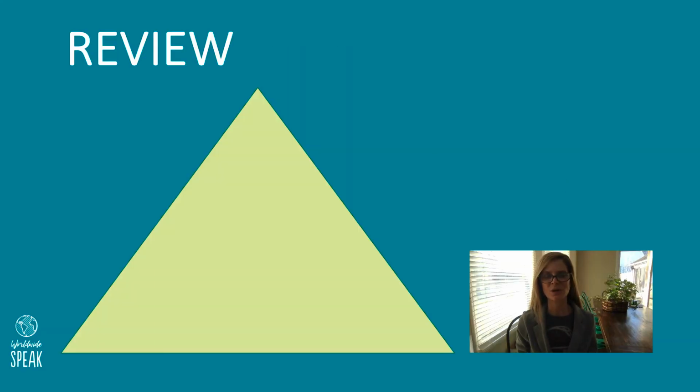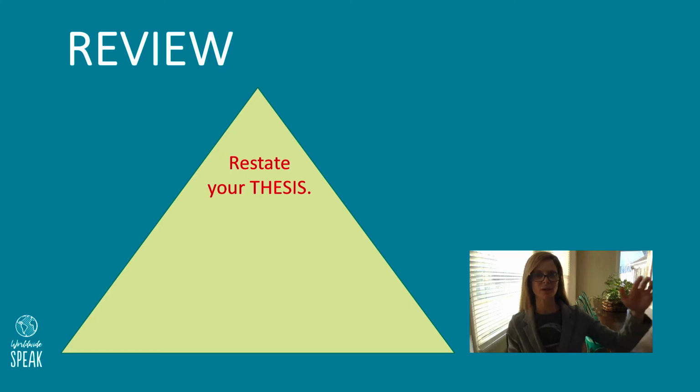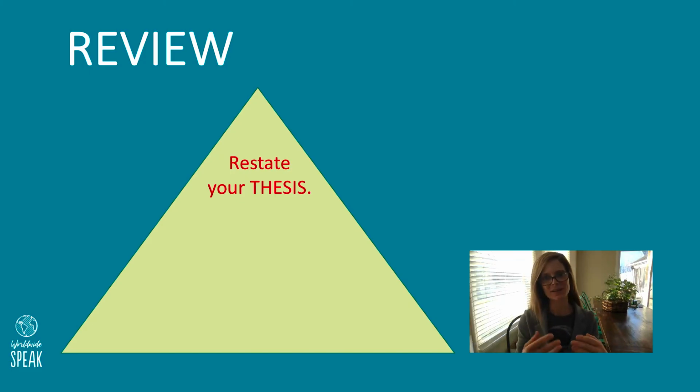Okay, so let's review the parts of the conclusion paragraph. We have the restated thesis. That's where we say the same thing as the thesis, but in a different order and using different words so that it's not exactly the same as your thesis, but it has the same meaning.